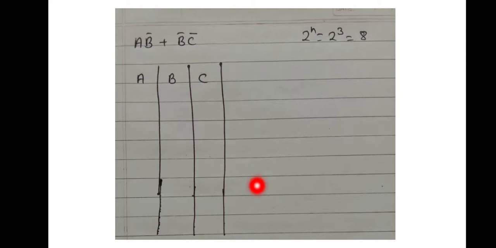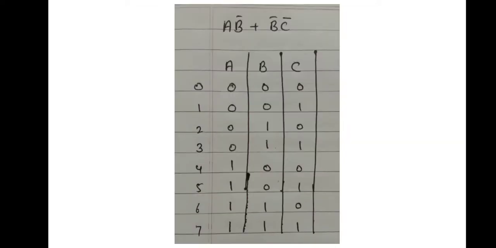Now what should we do next? Since we have found that there will be 8 rows in the truth table, in the very first column, the A column, we have written first 4 zeros and then 4 ones. In the B column, we have written 2 zeros, then 2 ones, 2 zeros, then 2 ones.